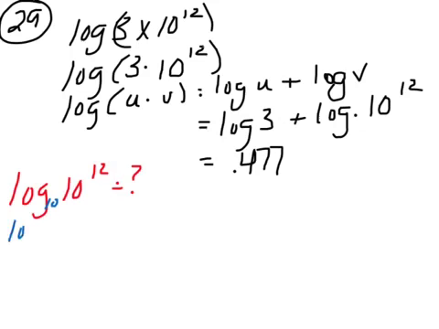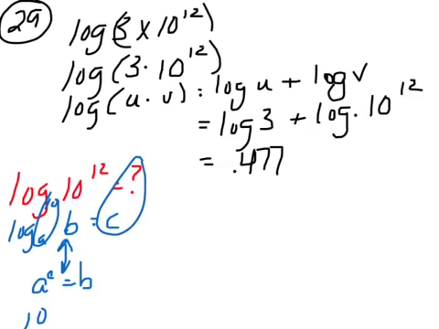So if I were to label this log A, B equals C, it's the alphabetical pirate logbook. And then we change it over to I, C, a B that the pirate says. My A is 10. My C is my missing exponent. It's a question mark. A log is an exponent, and I can see it showing up here as the exponent when I rewrite it. And my B is 10 to the 12th.